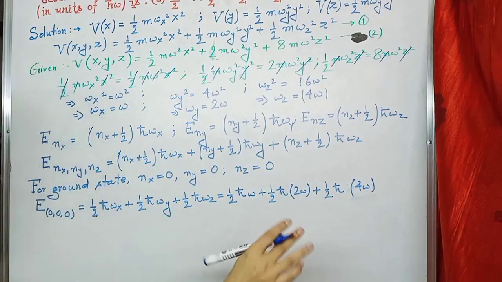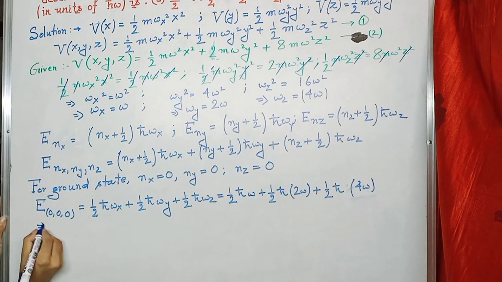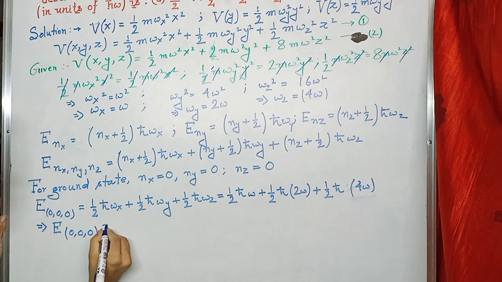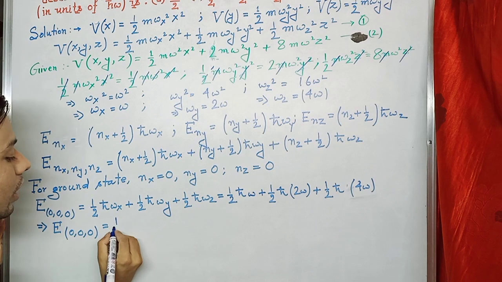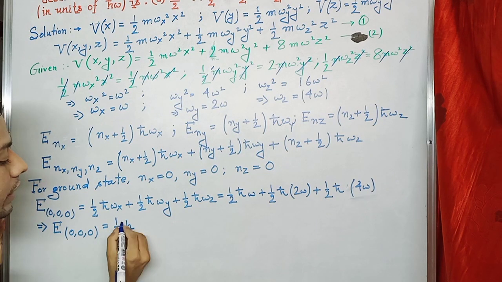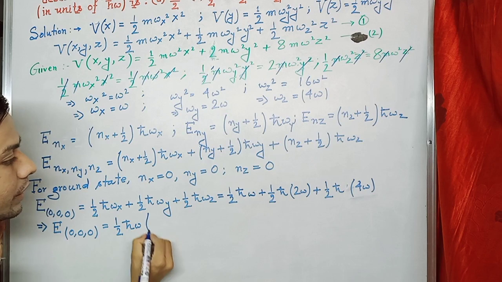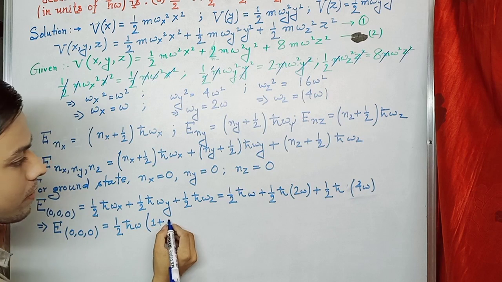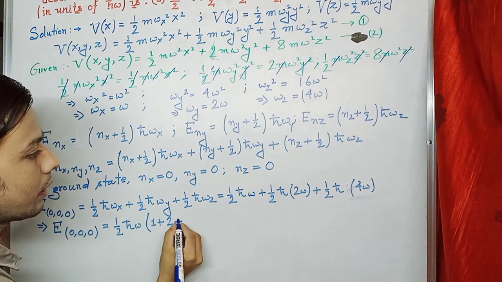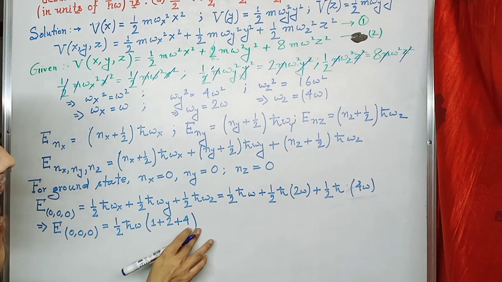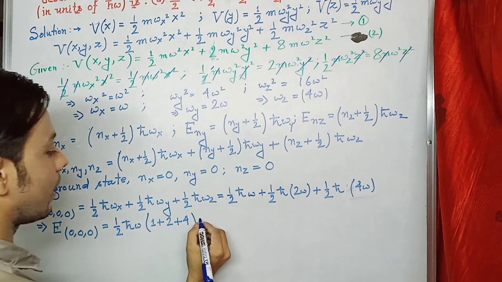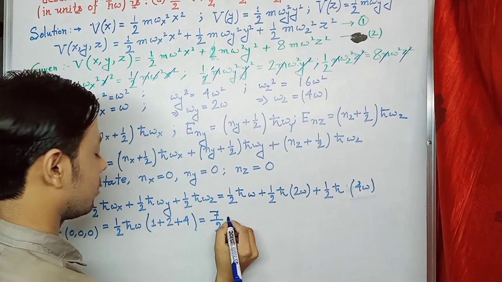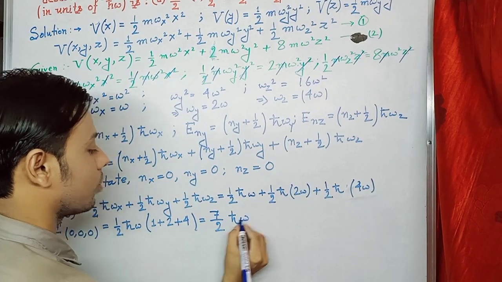Now if we add all these three components, we get the energy at ground state, E 0, 0, 0, equal to half h cut omega into 1 plus 2 plus 4, and this value will ultimately be equal to 7 divided by 2 h cut omega.